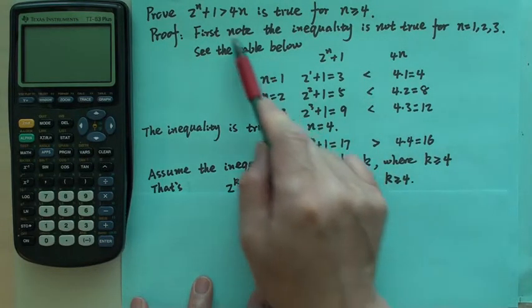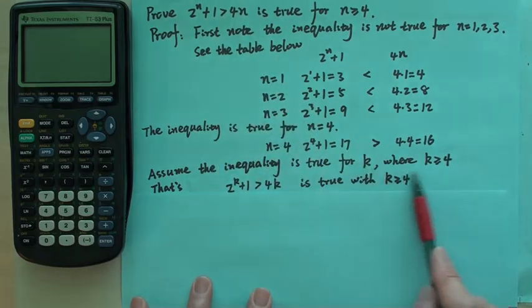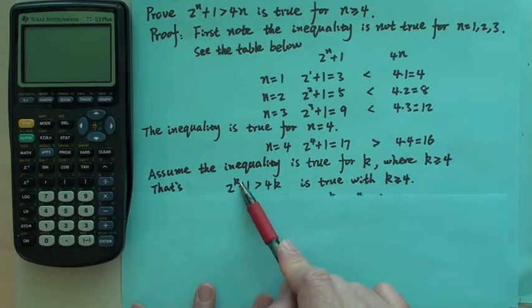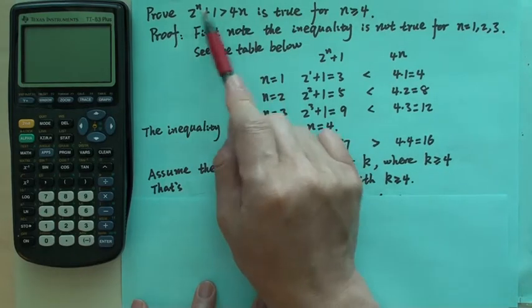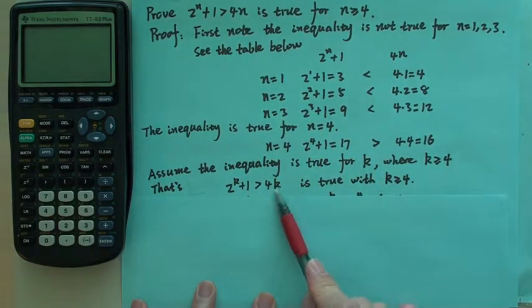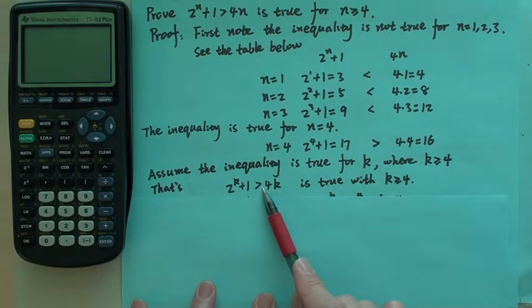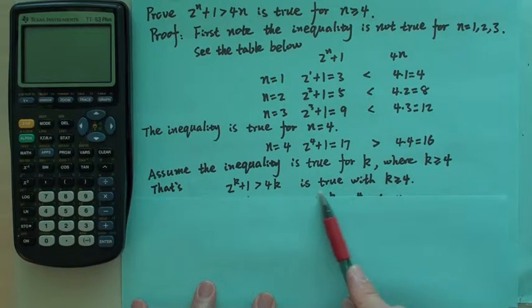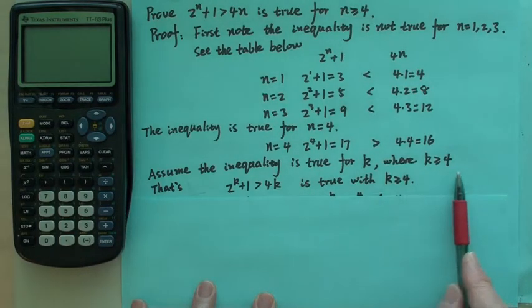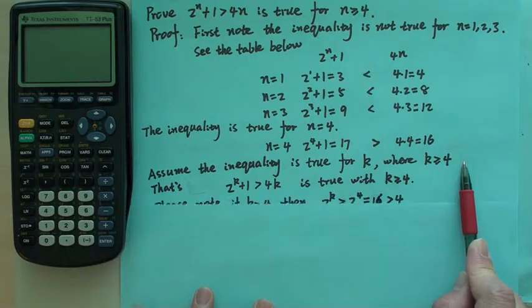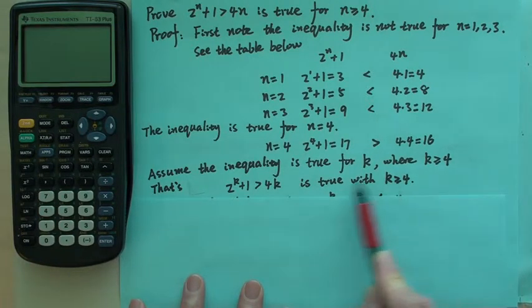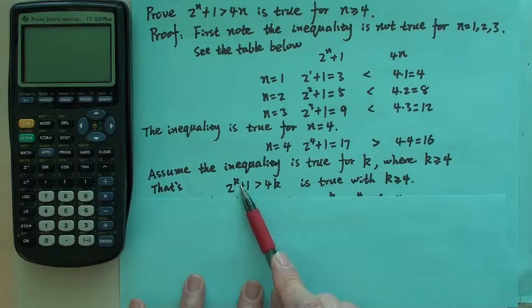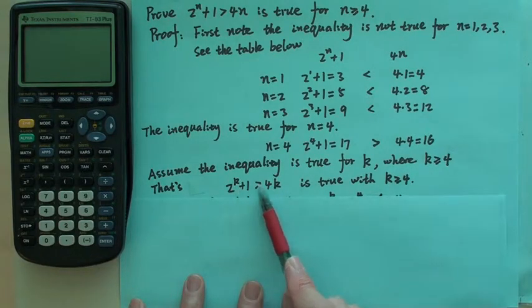If we assume this is true for n equals k, we replace n with k. So 2 to the k plus 1 is greater than 4k, true for k greater than or equal to 4. Now what we want to do is show this is also true for n equals k plus 1.